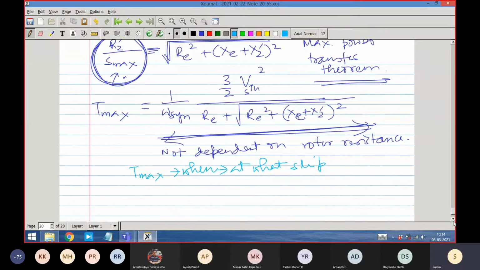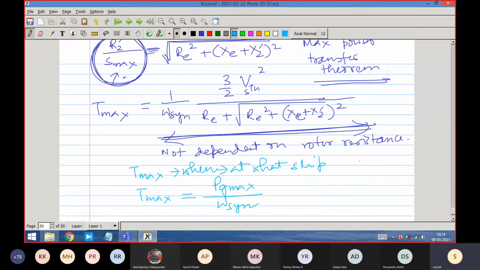Here we do a trick. What is T max? T max must be equal to PG max by omega s, when the air gap power will be maximum.